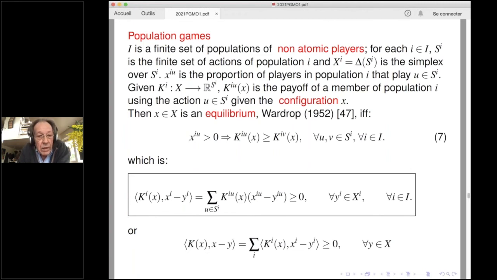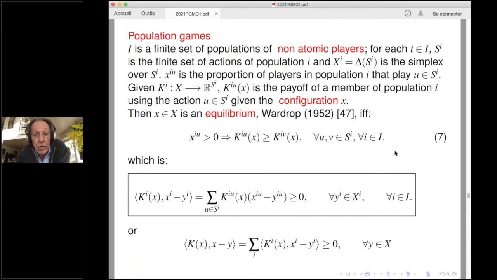So an equilibrium, whose definition is due to Wardrop, 1952, says the following. If there are people in the population i using the move u, it means that they cannot do better. Namely, the payoff if they use u is better than any payoff they could get by using v.